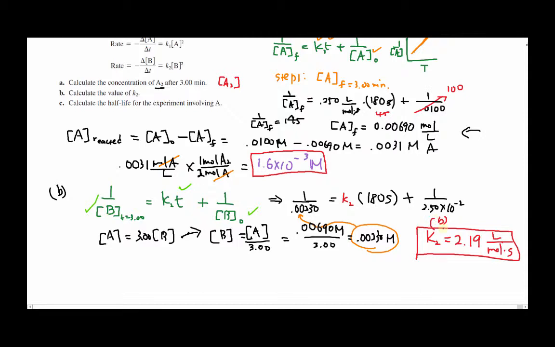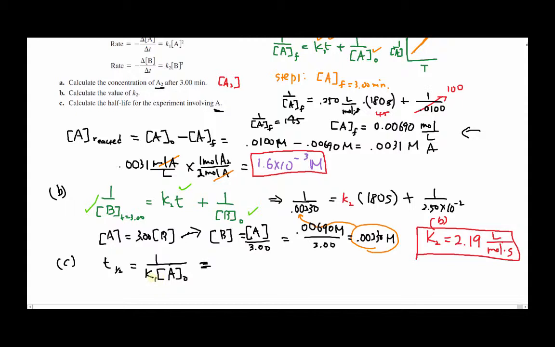And part C, calculate the half-life for the experiment involving A. This is a lot simpler than the other parts so far because we just have to use the formula, and the half-life for any second order reaction has to be 1 over k times the initial concentration of A. Because we are doing A, we don't need to be concerned with the second equation.